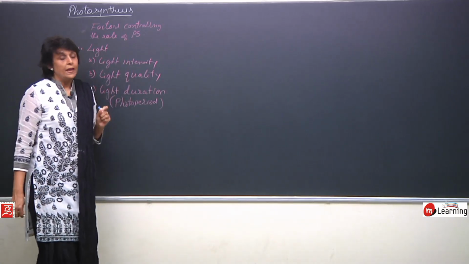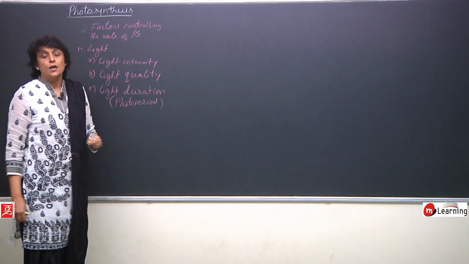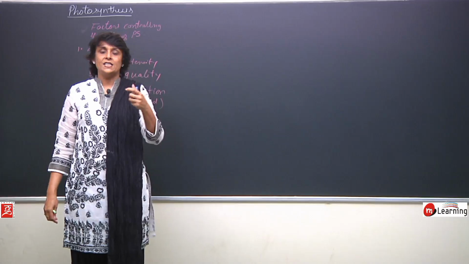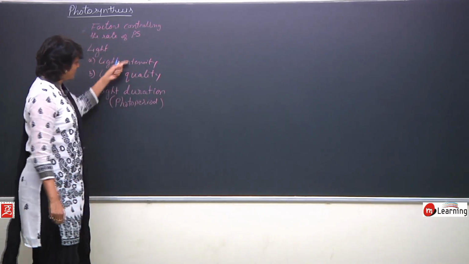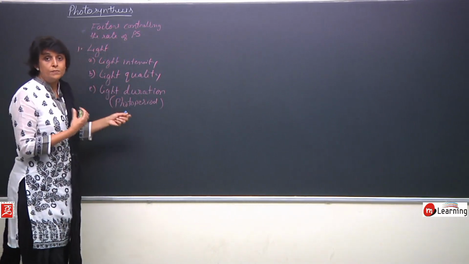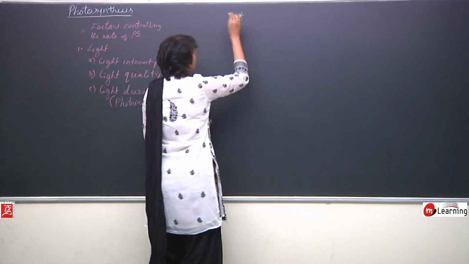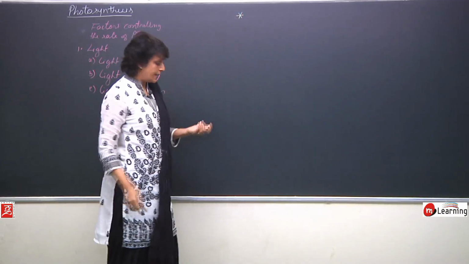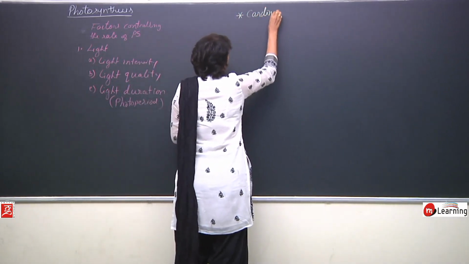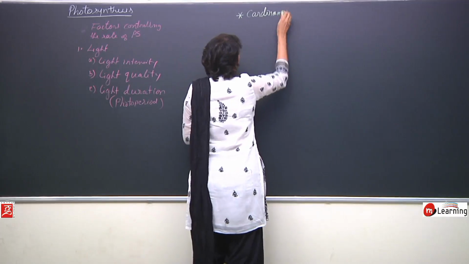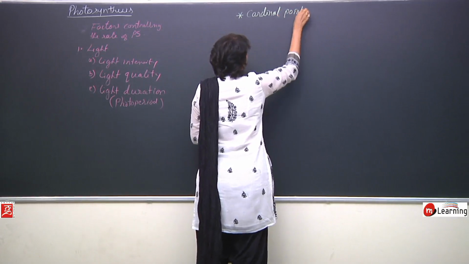Light intensity. Now, whenever we talk of factors, we also talk about maximum, optimum and minimum things. So, before we actually talk about this, because we will be using these terms, let me just write one more important thing, which is known as cardinal points.